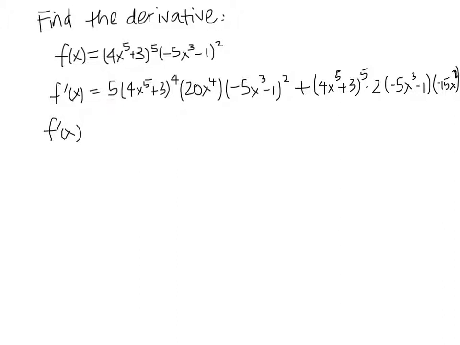So my 5 times my 20x to the 4th is 100x to the 4th. And then I just have my other two factors, my 4x to the 5th plus 3 factor and my negative 5x blah blah blah factor. So I'll write those in.